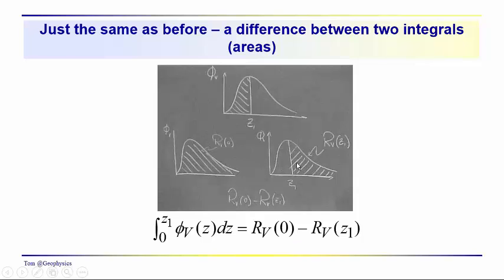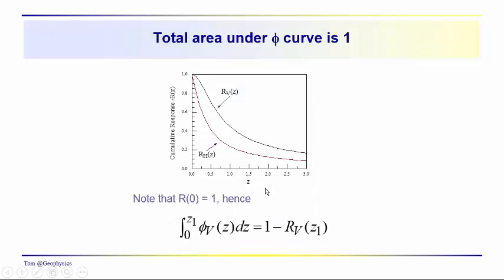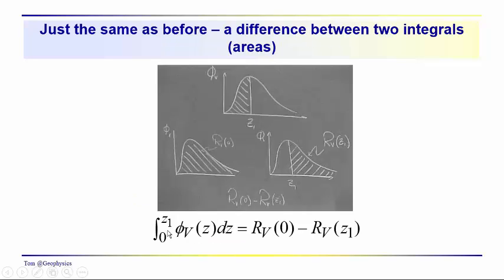So if we subtract this from this, we get this. So this area from 0 to z1 is just RV of 0 minus RV of z1. And of course that's also the integral from 0 to z1 in this particular case.